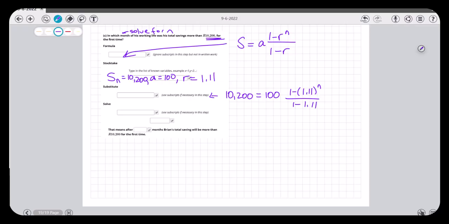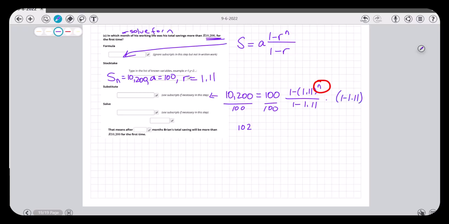So what you do from here is you have to actually go through the algebra steps and solve this for N. Probably what I would do is I see this 100 here. Why not divide the 100 on both sides? So I'm left with 102. And then why not multiply both sides by this value?